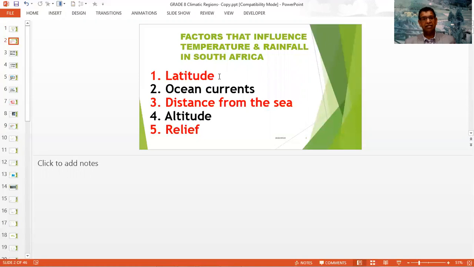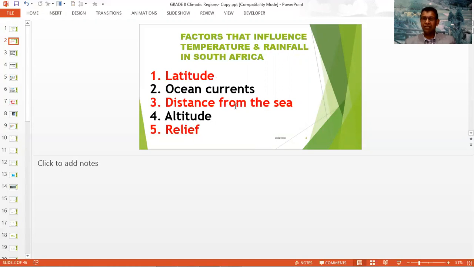And the 5 factors in no particular order are latitude, sometimes referred to as distance from the equator. We speak of ocean currents and how they influence temperature and rainfall. We speak of distance from the sea. Yes, you are right.